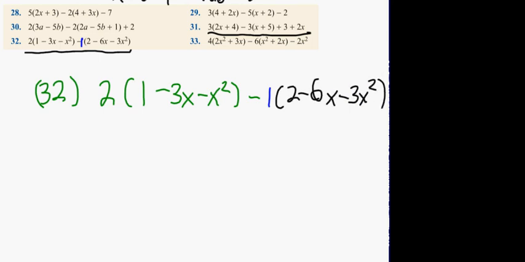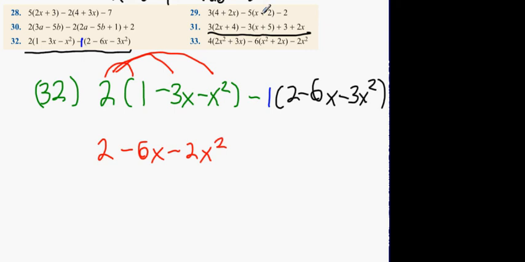Okay, now Harry, you're going to multiply this out. Okay, 2 times 1 is 2. 2 times 3x is 6x. 2 times minus x squared is minus 2x squared. Go again.